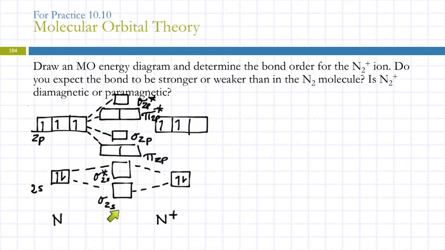Okay, so we drew these. They're messy and ugly, but we got it done. There's a total of 9 electrons. So once we have our molecular orbitals, we're going to put them in using the same rules that we did for atomic orbitals. Going lowest first, so 1, 2, 3, 4, 5.